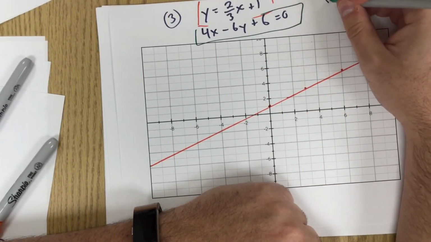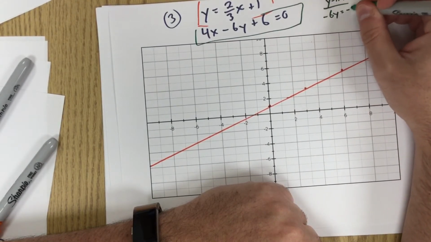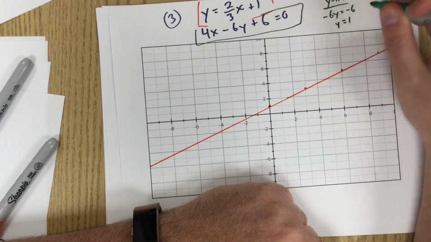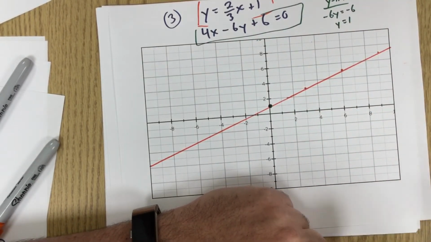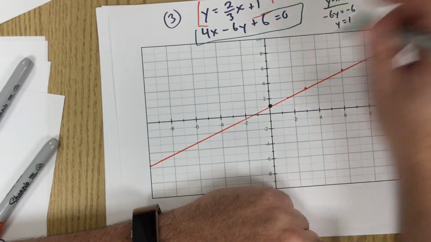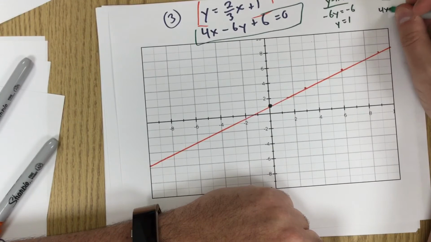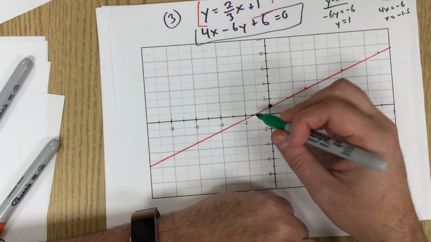To find the y-intercept, we know that minus 6y equals negative 6. So y equals 1. So that's the y-intercept. And then the x-intercept, we have to make the y equal to 0. So we're going to get 4x equals negative 6. X is minus 1.5, which is going to be around there.